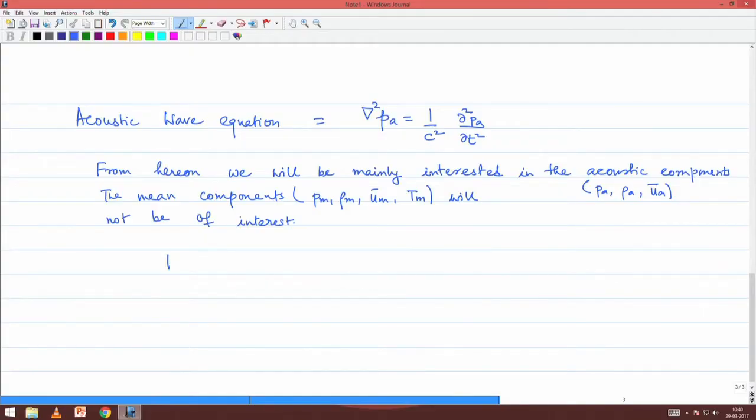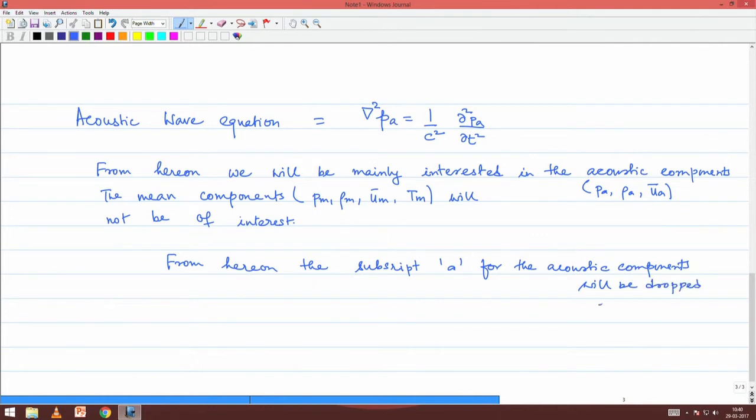So, from here on the subscript A for the acoustic components will be dropped in the notation, because it will not create any confusion, because we know that the only pressures that we will be talking of is the acoustic pressure.